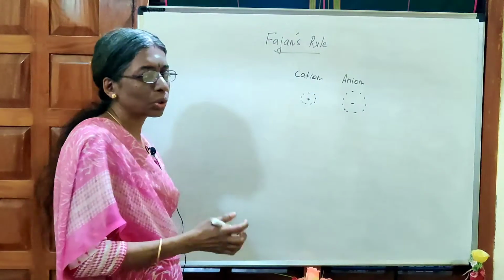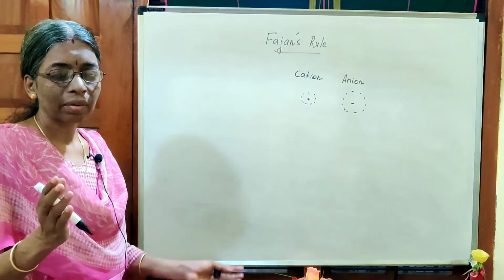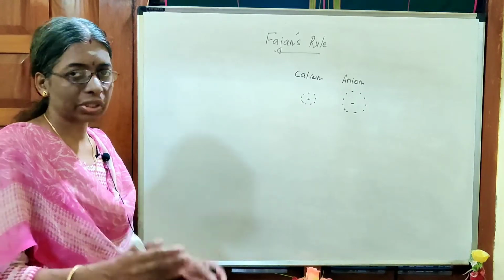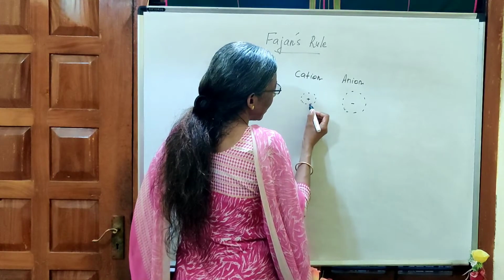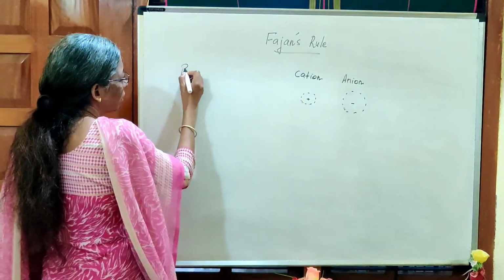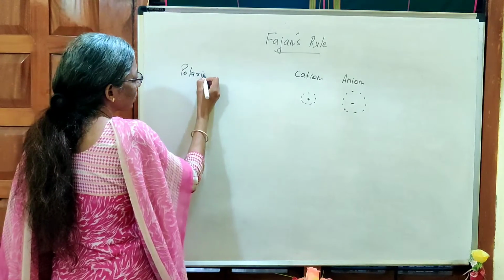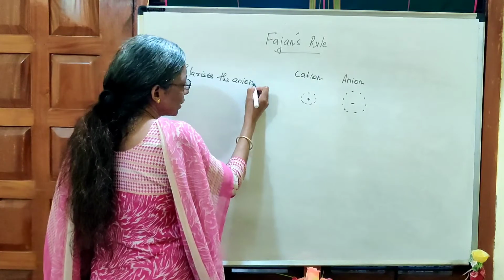So these are two oppositely charged ions. When they come close to each other, what is happening? The cation polarizes the anion.